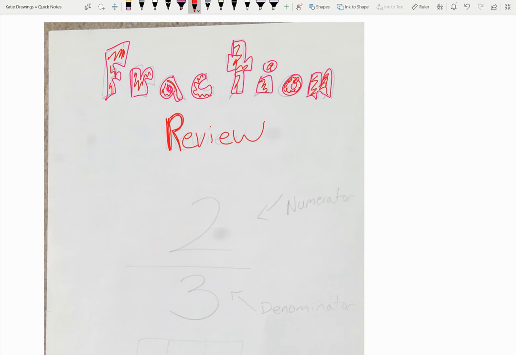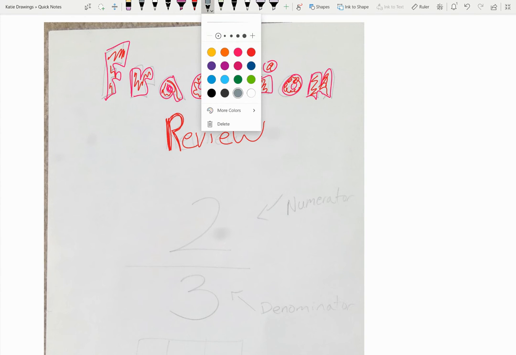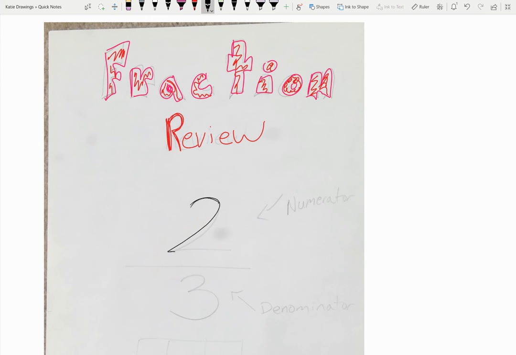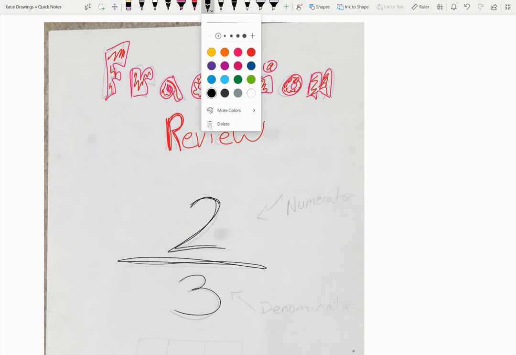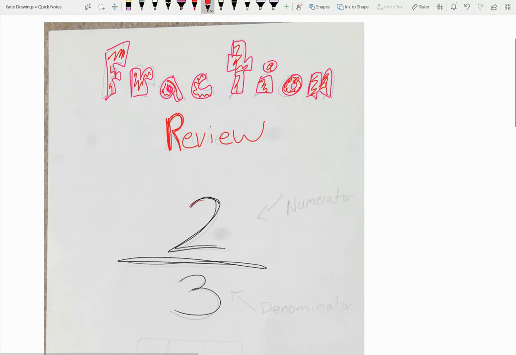So what we're doing with fraction review, just real quickly, is I want to go over the two parts of a fraction. So on the top of the fraction, you have what we call, I'll do it in red, our numerator. So go ahead, write out numerator.